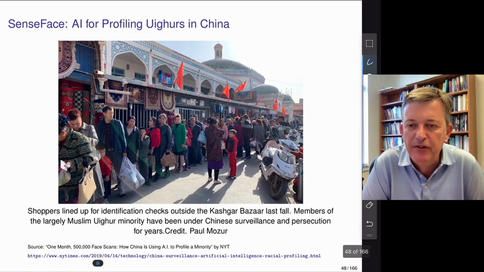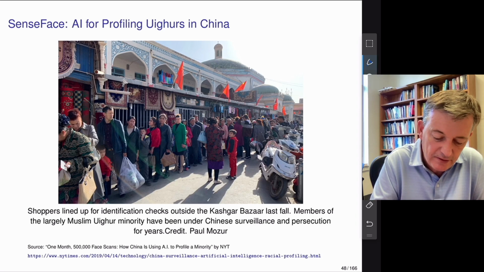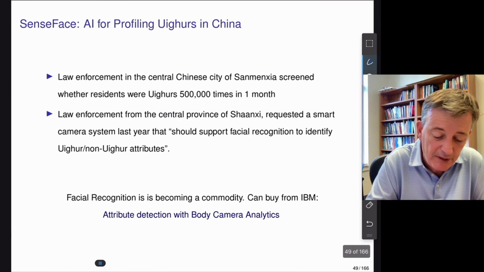More disturbing ones. There's a big company in China called SenseFace, and maybe more disturbing is looking at pictures of people going to markets and trying to profile people. Again, look at that. The article does a much better job than me of explaining it.